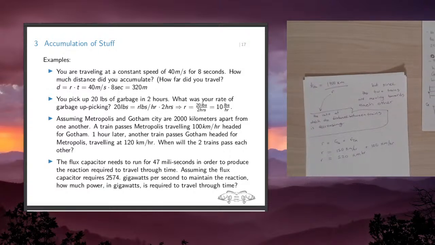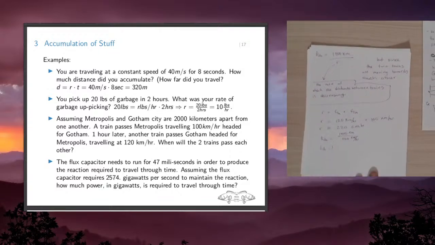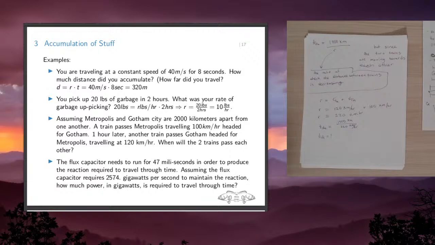And so that's no big deal, right? Now all we have to do is plug that number in here so we know the time for that second distance. And we also know that, remember, t sub d1 is just 1. The time for this second distance is 1,900, because that's how many kilometers are left, divided by 220 kilometers per hour. Whoop. There we go.